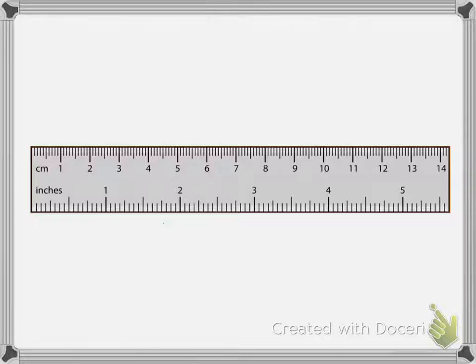Let's see if I can do this. That was a little long. I'm going to try again. A little long again. I'm going to start at the 2 and maybe go to the 0. Oh my goodness, this is not easy to do on here when you can't see under your finger.